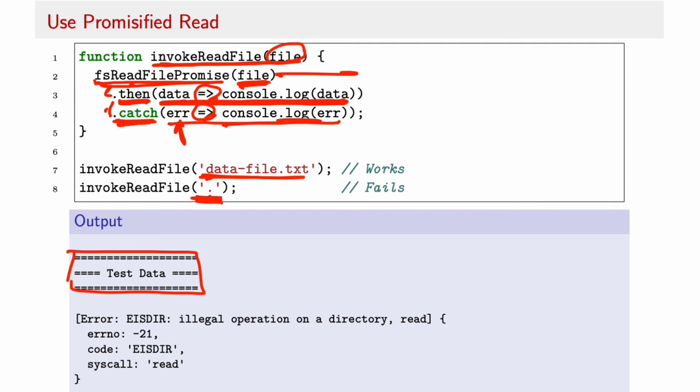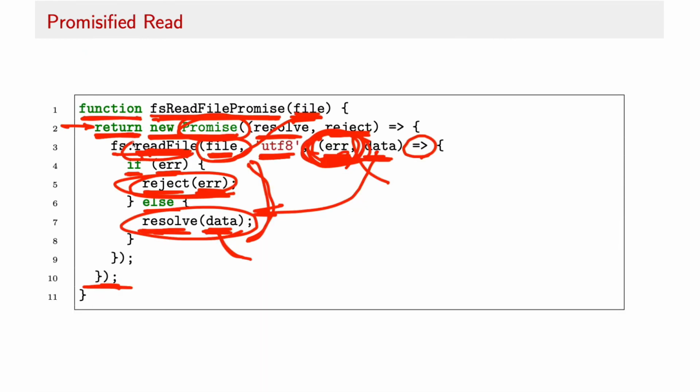So what happens is the underlying read file gets called on that directory. That results in an error that's reported by Node giving back a truthy error parameter in the callback, which calls reject, which tells the promise object, go ahead and tell the calling code something went wrong and hand along this error object as additional data.